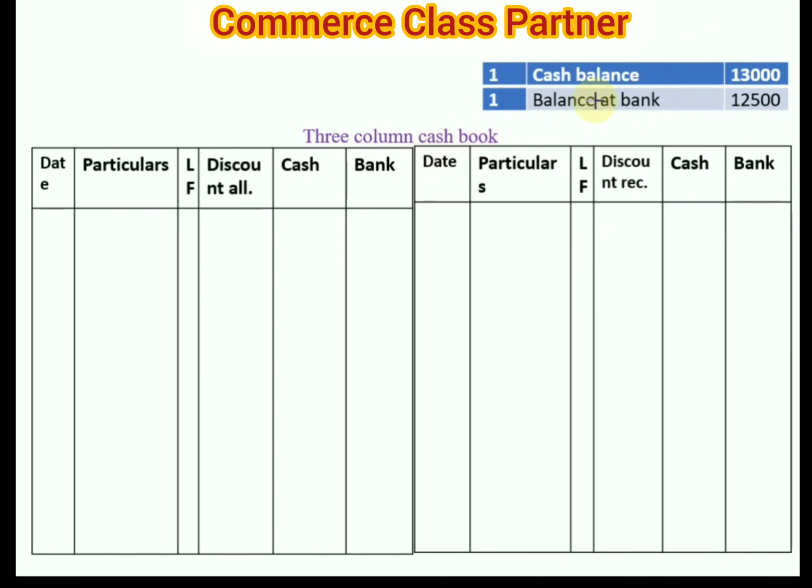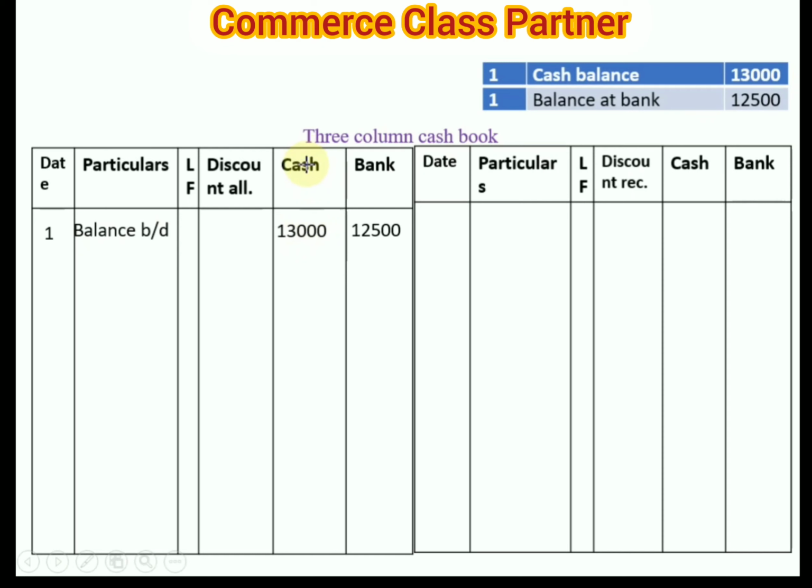Firstly, we have to write the opening balances into the 3-column cash book. Let us enter the opening balances. The cash account has a debit balance, so it should be entered on the debit side. On the first day, write balance b/d, because it is the opening balance.